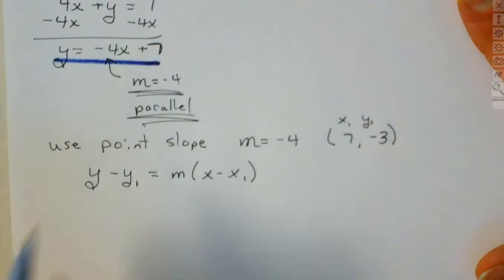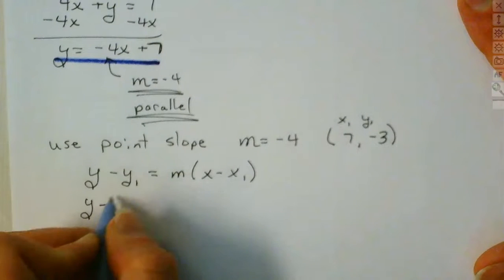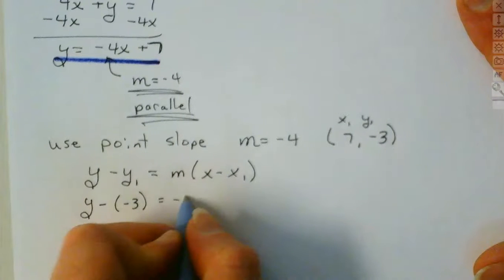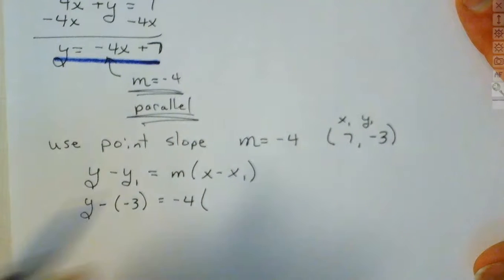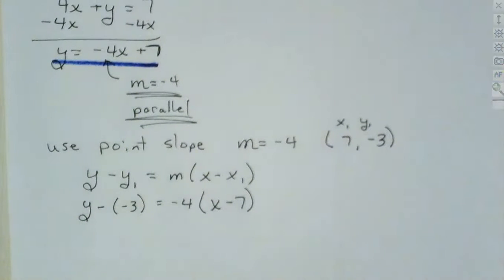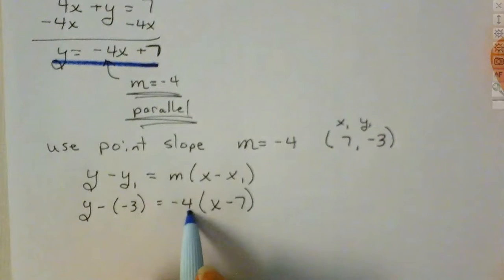Filling it in, we get y minus negative 3 equals negative 4 times x minus 7. We'll distribute this, and watch out with this negative here.